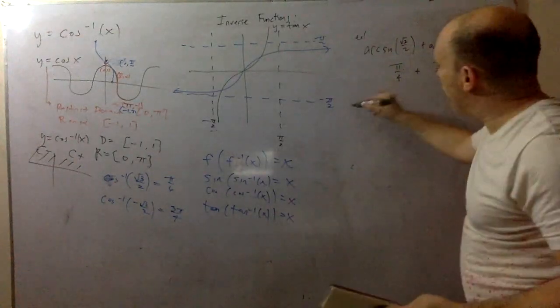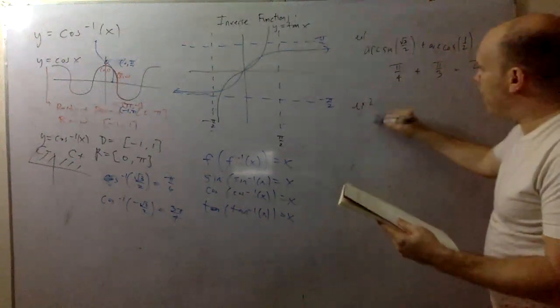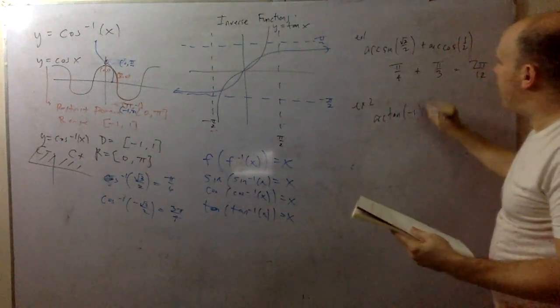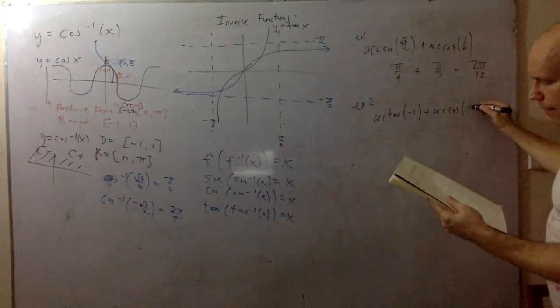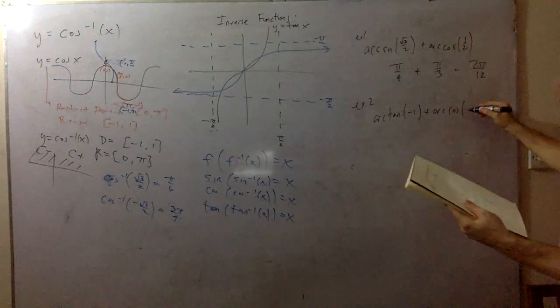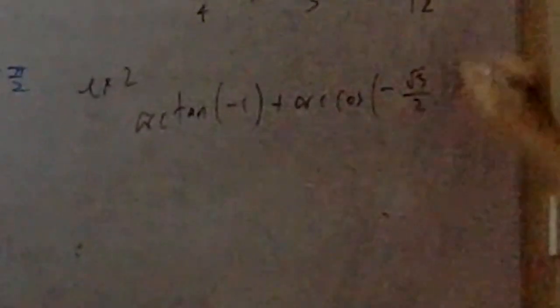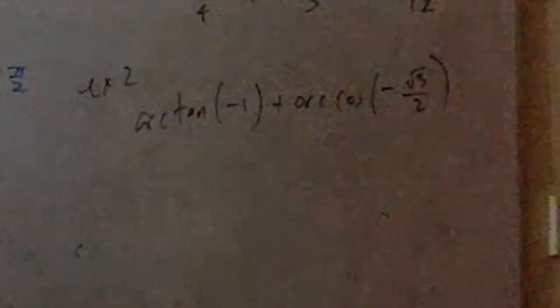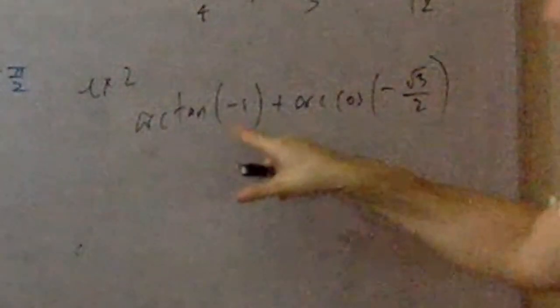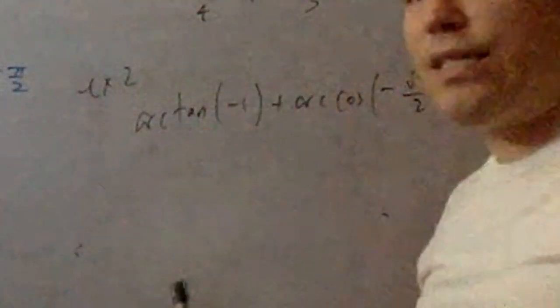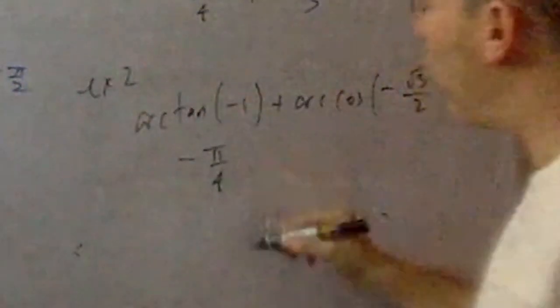And then in the next problem, example 2, we have the arc tangent of negative 1 plus the arc cosine of negative radical 3 over 2. So the arc tangent of negative 1, once again with tangent, we described it, is either in the first quadrant or the fourth quadrant. Now I know the tangent of 45 is 1, but I'm not doing 45, I'm doing negative pi over 4.